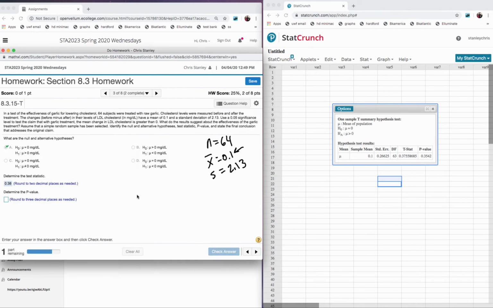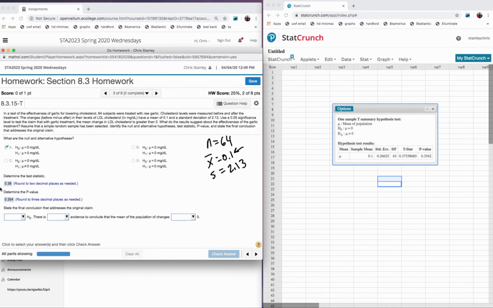Okay, determine the p-value. 0.354. Okay, so same thing. Our final conclusion, we need to take this p-value and compare it to our significance level, or alpha, which is 5%. That's 35%. It's definitely bigger than 5%, so we should fail to reject again.